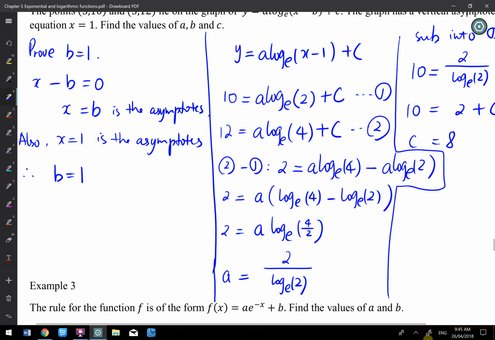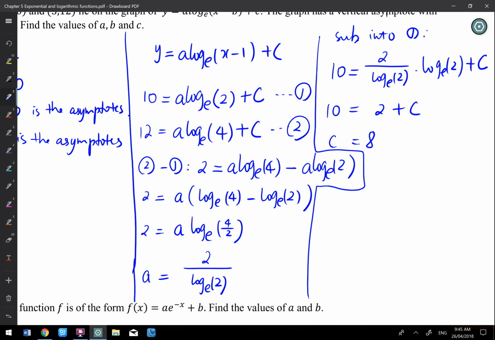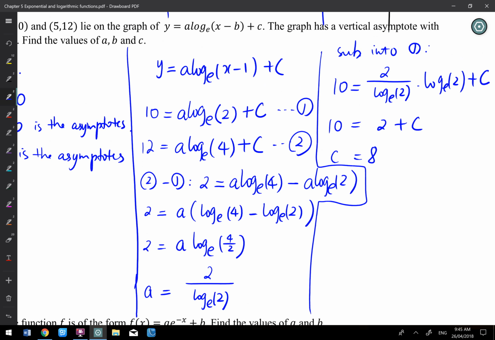Okay, we already solved for b, a, and c here. We answered the question already. But again, I want to find the actual equation. Let's sub all three values in. Also remember to read the question carefully. This question asks you what the a, b, c values are. When you answer the question, you need to list out the a, b, c values, not write the whole equation out, not give a final answer like y equals to blah blah blah and then ask me to find a, b, c.